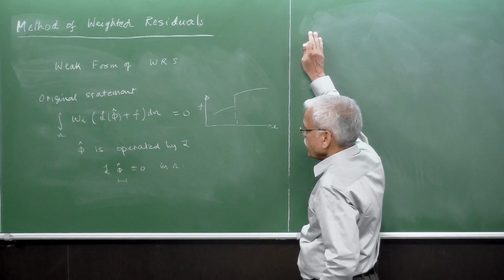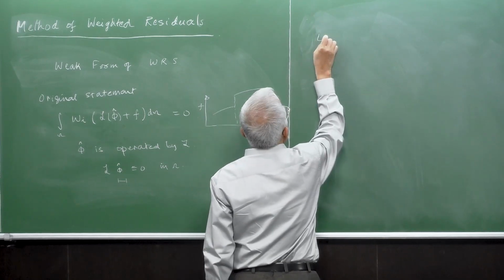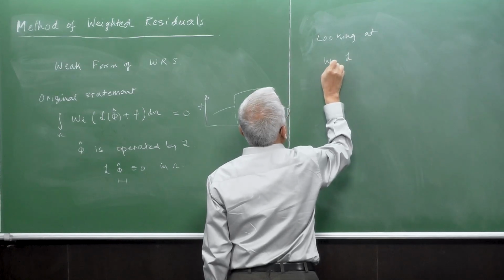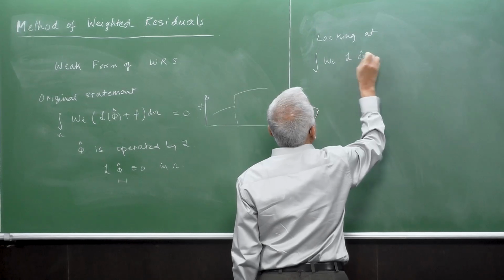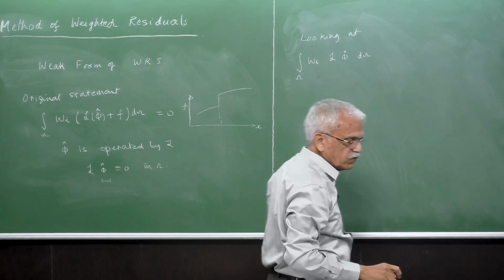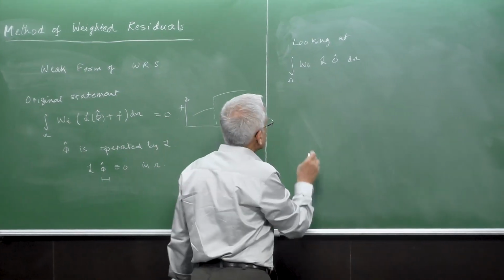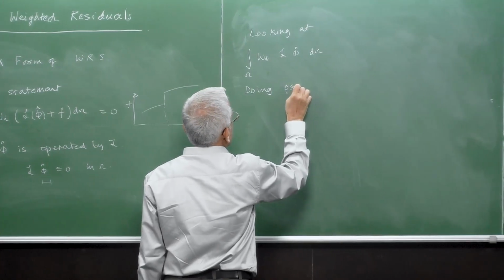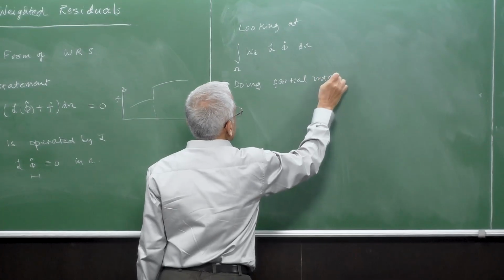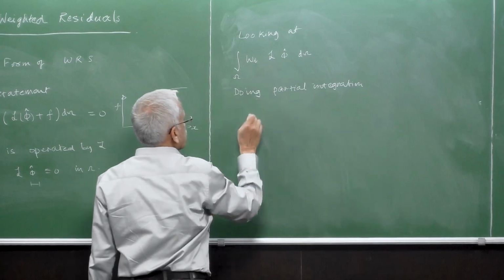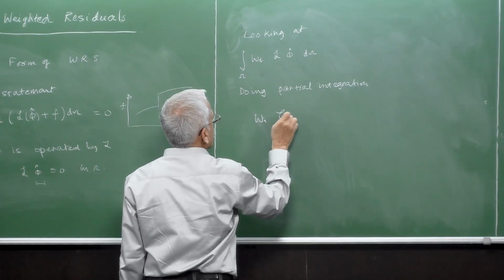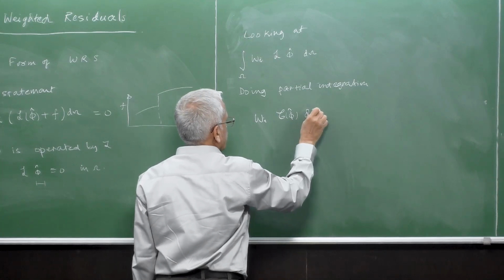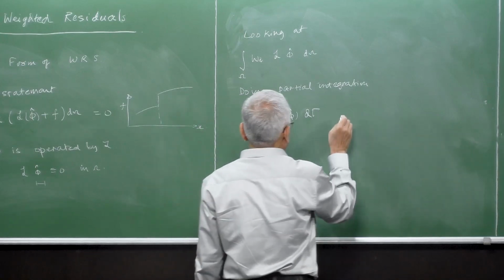Okay. So how we do that is, we look at the term Wi L phi hat, and if you do partial integration, then what will happen here is that we get Wi C, where C is some other operator on phi, which will be an integral on the boundary plus a domain term.